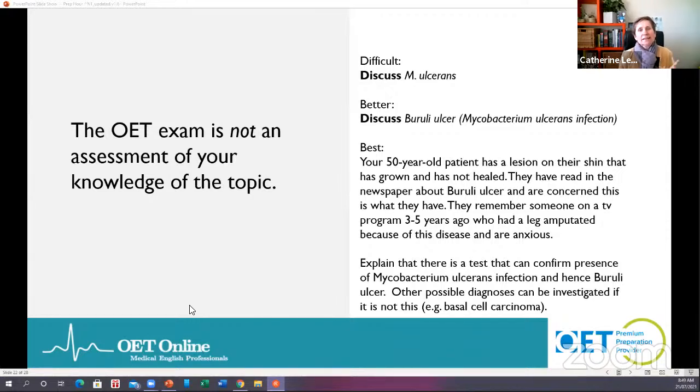But that's more likely the way you're assessed at university, or if it's an assessment of your medical knowledge. Even, discuss Buruli ulcer, Mycobacterium ulcerans infection. So that is relying on what you know about the condition already.